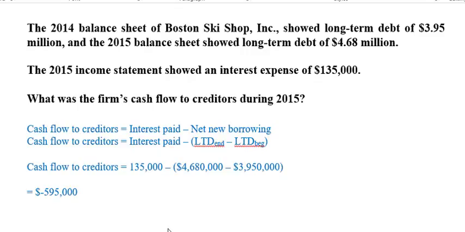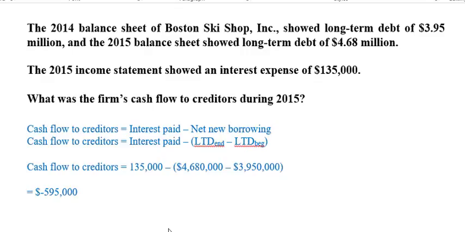They probably bought some more inventory or a new building or set up another retail shop or worked on their factory, but they've increased their debt. In 2015, their income statement showed an interest expense of $135,000, which is the interest on that debt. So we're looking at the cash flow, which is the money out to our creditors in that year of 2015.